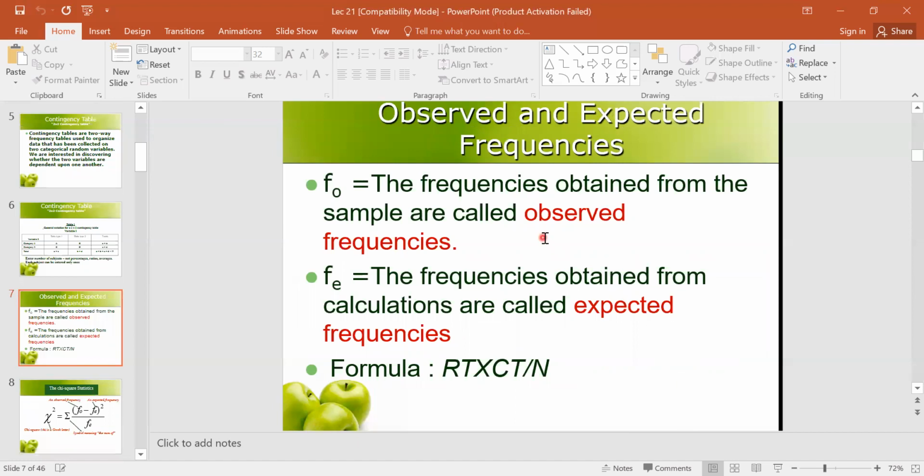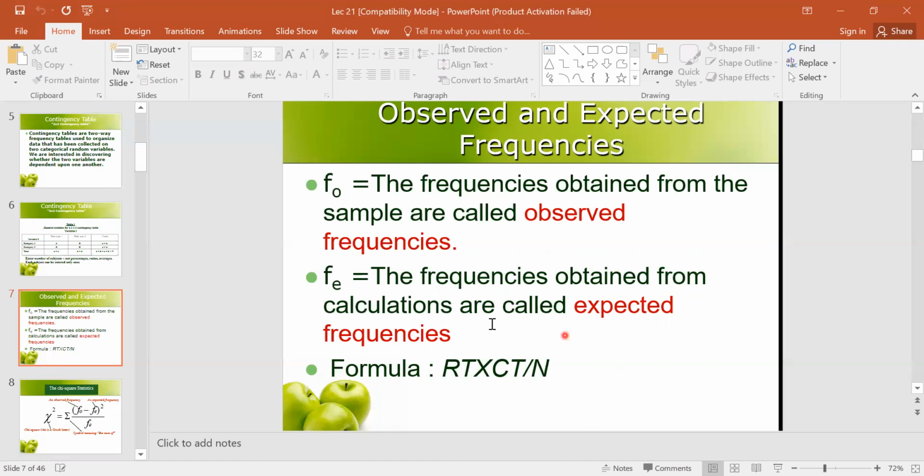So here is the concept of observed and expected frequencies, which we use in the chi-square statistic when we do the calculation. We have two types of frequencies used in chi-square. One is the given or observed. The frequencies obtained from the sample are known as observed frequencies, which are mostly given in the data, whereas the other one, which we calculate from the observed frequencies, is known as expected frequencies.